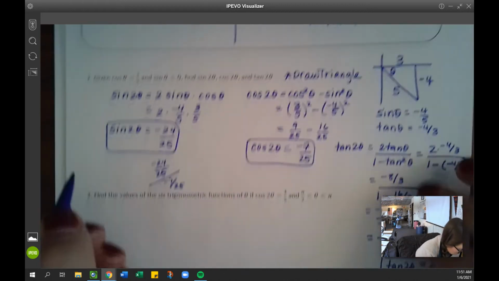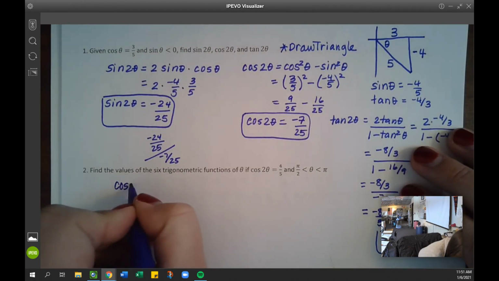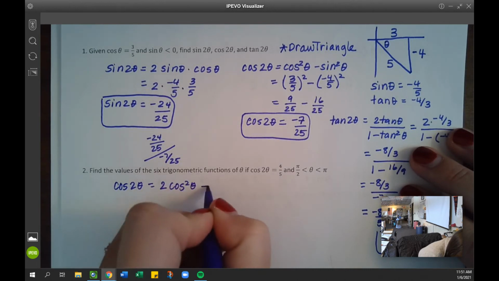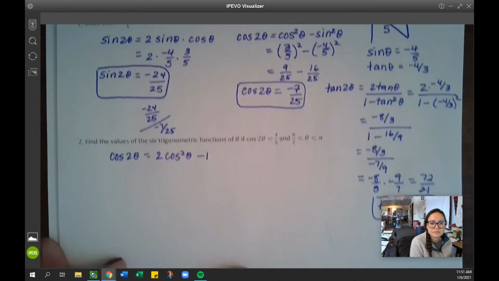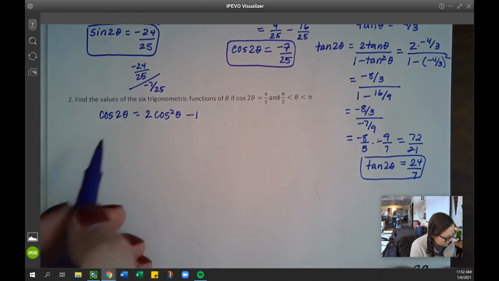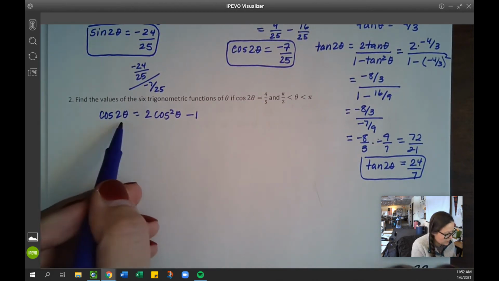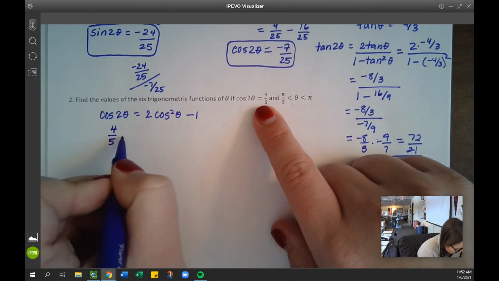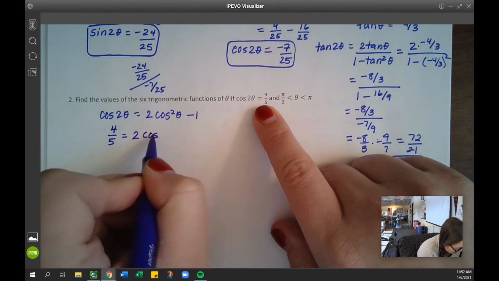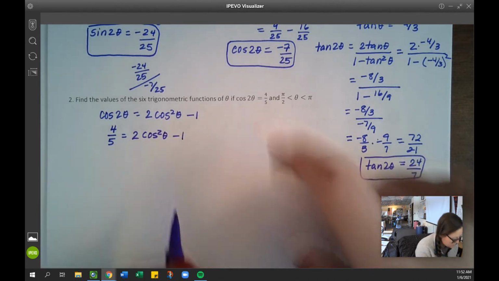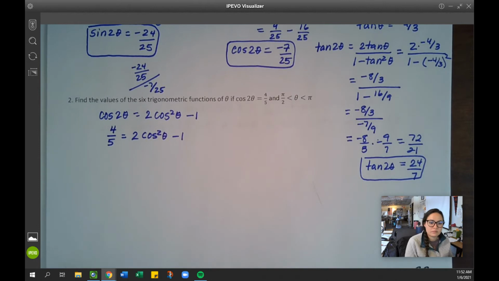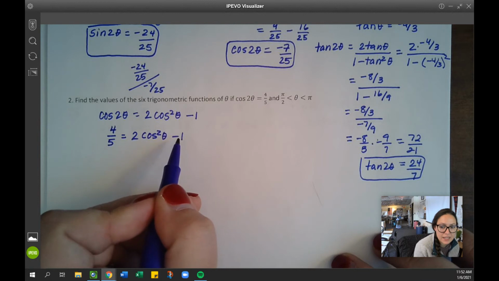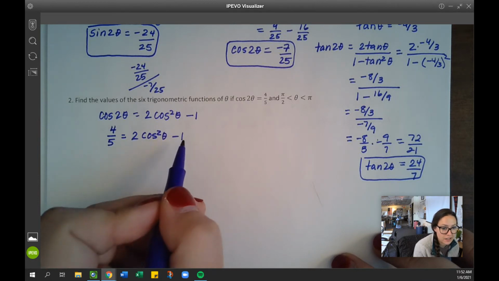So what we know is that cosine 2 theta equals 2 cosine squared minus 1. And we know that cosine 2 theta is 4/5. So what we're going to do now is solve for cosine theta. So I'm going to add 1 to both sides. And when I add 1, I'm going to think of this as 5/5.